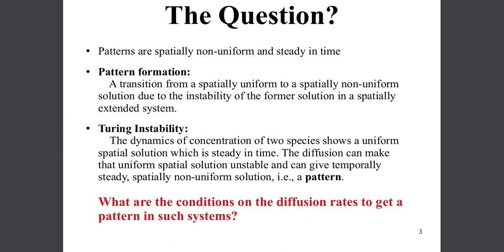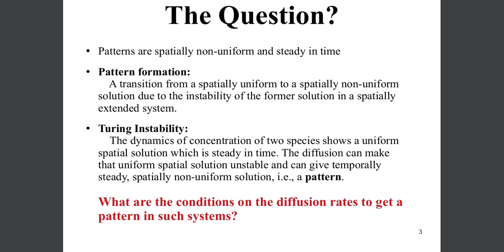Different species have different concentrations at different spatial points, and it is steady in time. Steady in time means it will not change with time. So these are patterns, and we are talking about steady patterns. There are temporal patterns also, but we are talking about steady patterns in this talk.